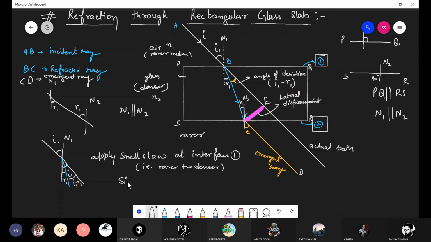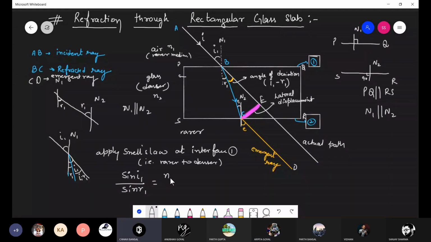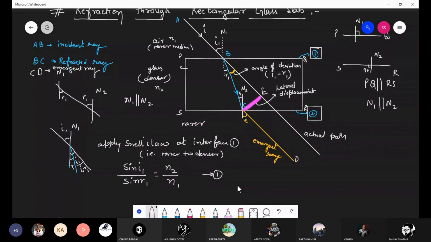So sin I1 upon sin R1 is equal to what, N1 upon N2 or N2 upon N1? N2 upon N1. Very good. This is your equation number 1.